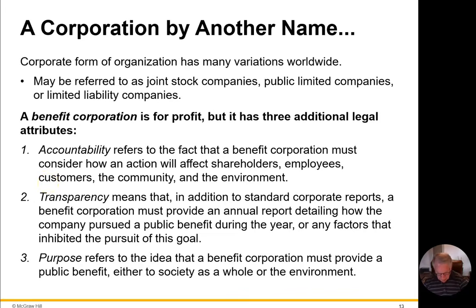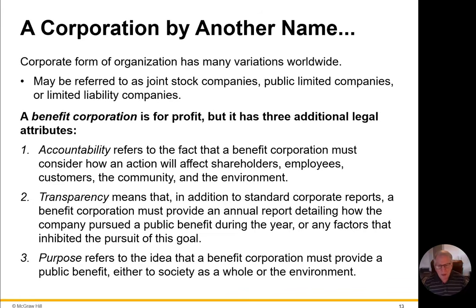Two, transparency means that in addition to the standard corporate reports, a benefit corporation must provide an annual report detailing how the company pursued a public benefit during the year. This is a for-profit, not a non-profit.